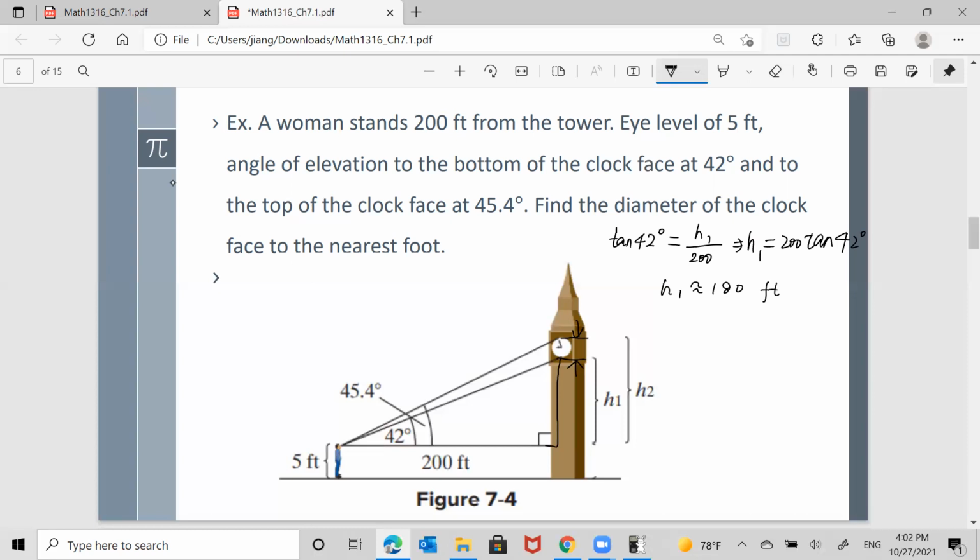And in the bigger triangle, tangent 45.4 degrees equals opposite H2 over adjacent 200. Did I say 100?